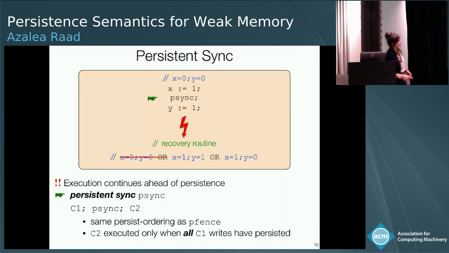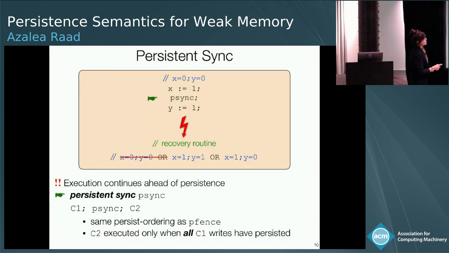So if I replace that pfence with a psync here, by the time the execution of this psync is completed, I'll know that the write before it, i.e. this write to x, is definitely persisted to memory. So if there is later on a power failure or a crash, I'll know that the write to x has persisted, so I'll definitely see x is equal to 1 in either case.